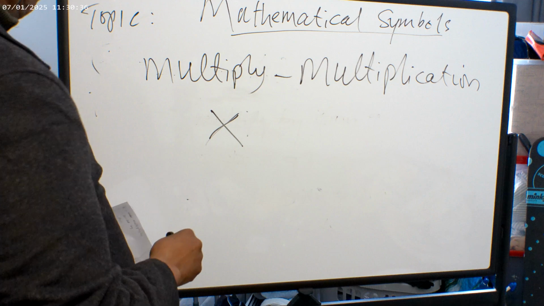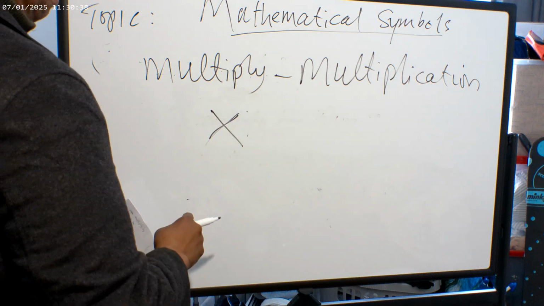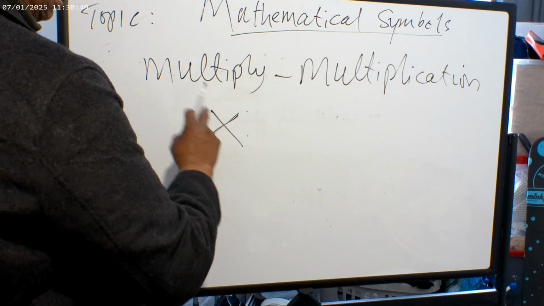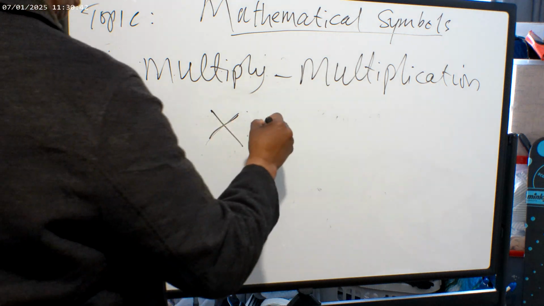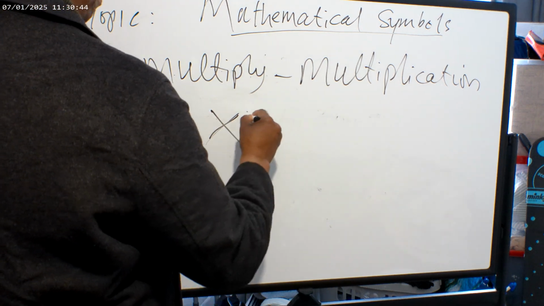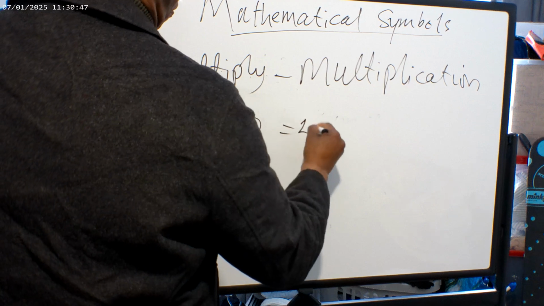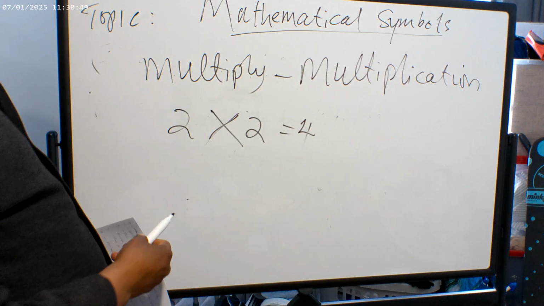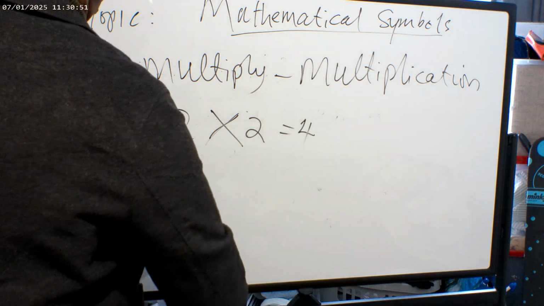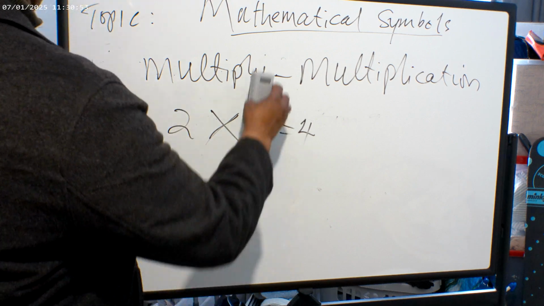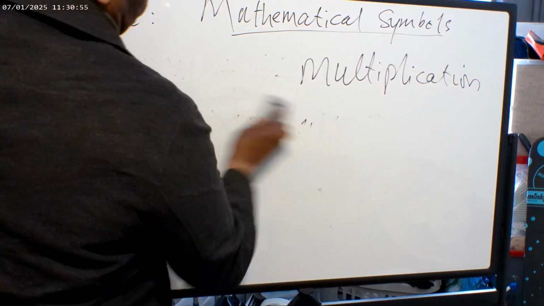When you see this sign in maths or in any maths textbook, it means multiply. Multiply 2 by 2 will give us what? 4. That is the sign of multiplication, or we can say multiply.